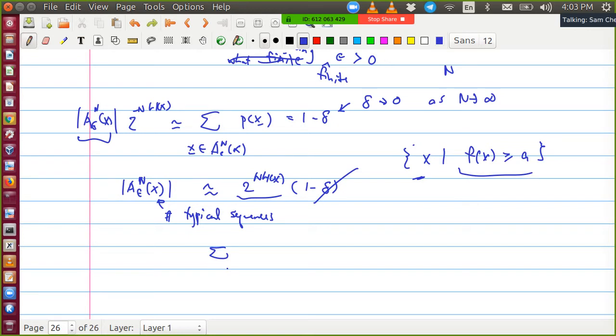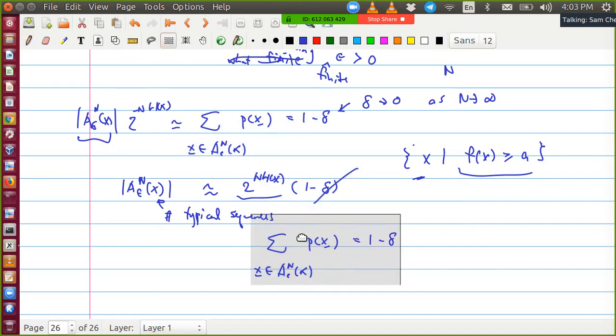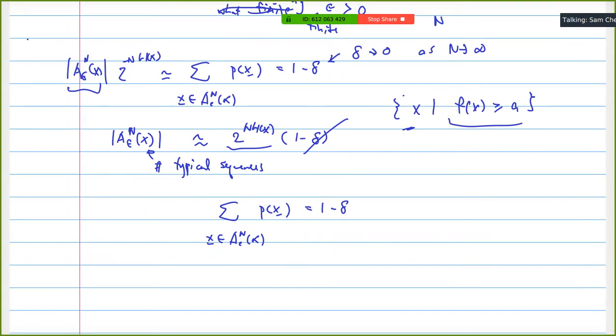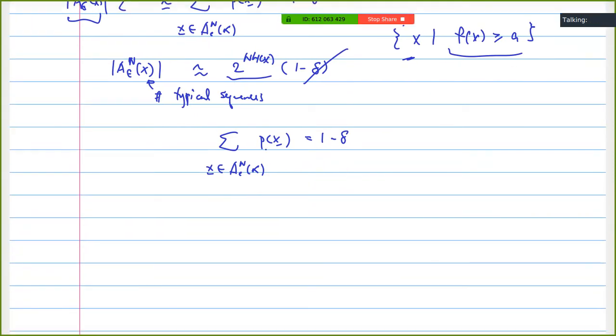Let me rewrite this, or copy and paste it to be faster. So again, the sum of probability is just 1 minus delta, right? Delta is small as n goes to infinity. It actually goes to 0.